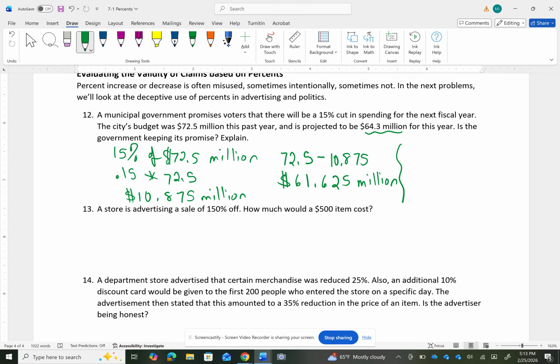Right now, your alternative to how I just did it would have been to find the amount of the decrease. So to take the 64.3 minus the 72.5, divide it by the original amount, and actually calculate what the percentage off would have been.